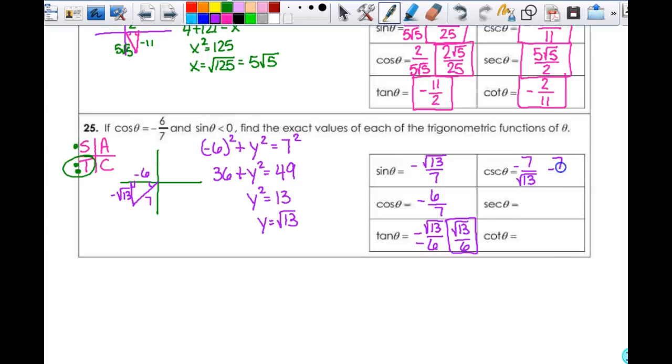So that's negative 7 square root of 13 over 13. Then this would be negative 7 over 6. And here I would get 6 over the square root of 13. So this is 6 square root of 13 over 13.